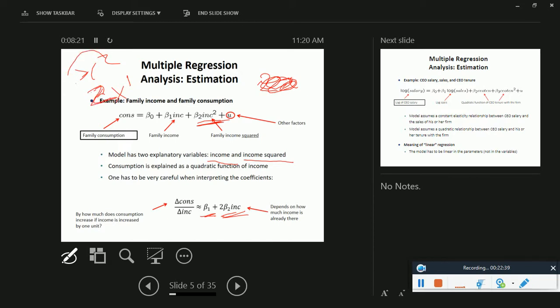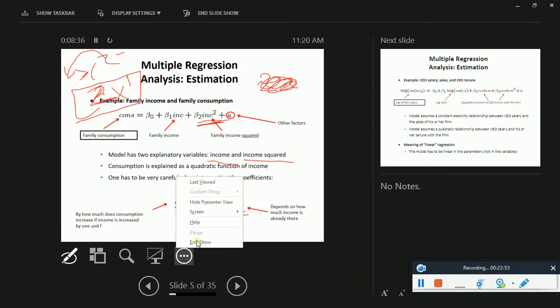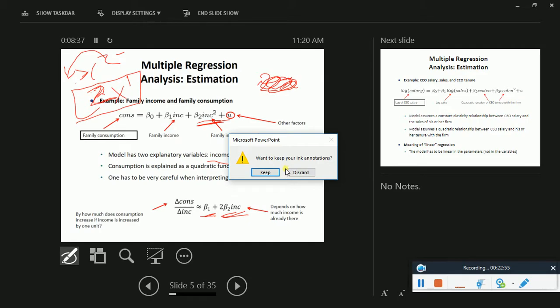The 2 comes in front and we subtract 1 from the power, right? That's how we get twice x, right? If you want, let's do it there.